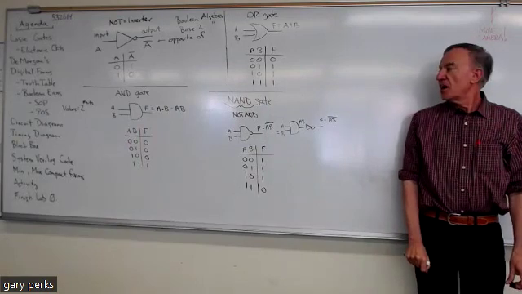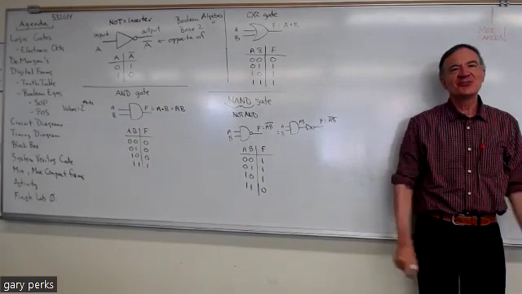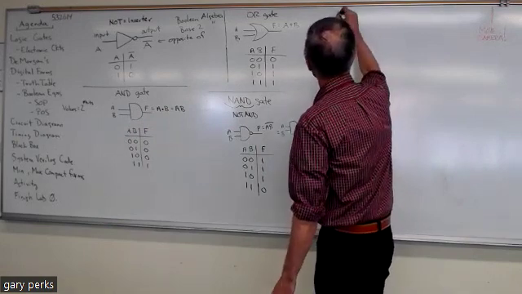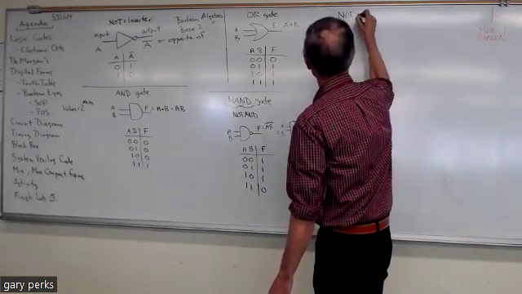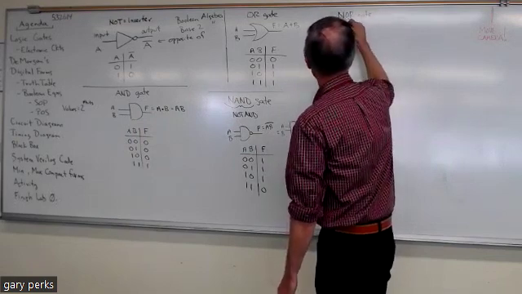Okay? All right, so what gate do you think is coming next? NOR, exactly. Just like there's a NOT AND, there's a NOT OR. Okay, so we have a NOR. It has this symbol.